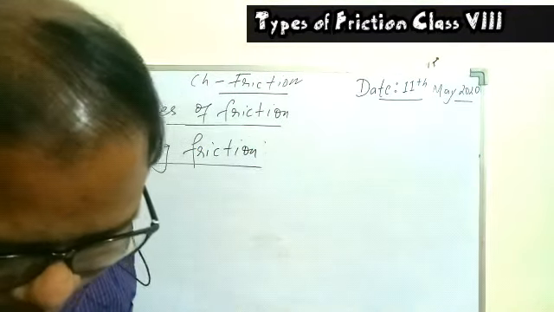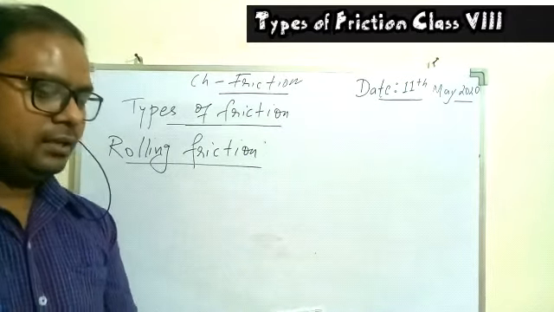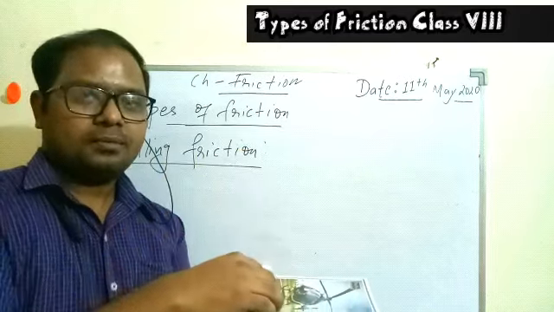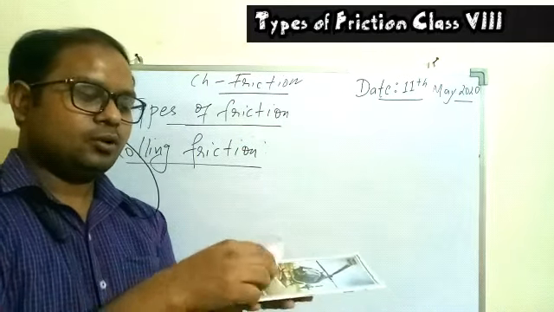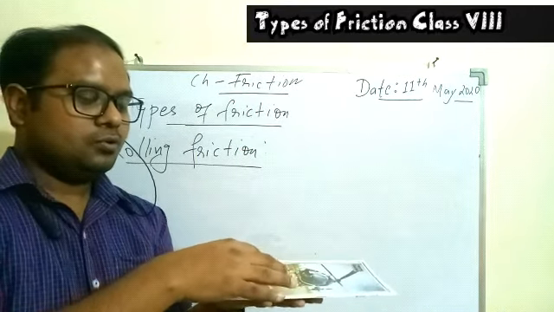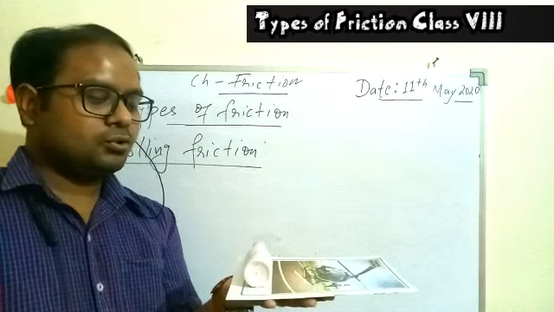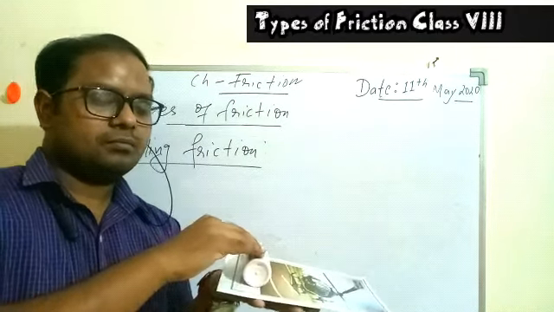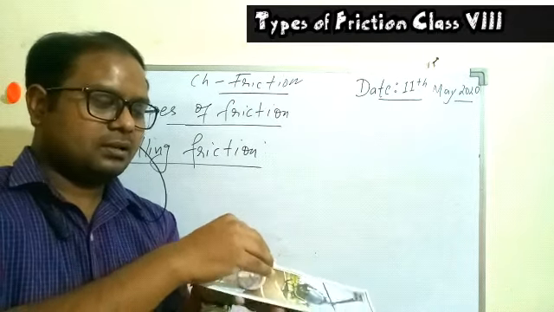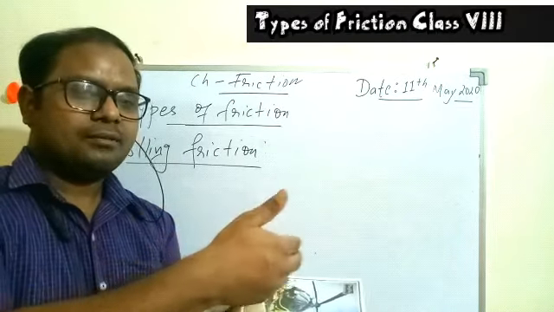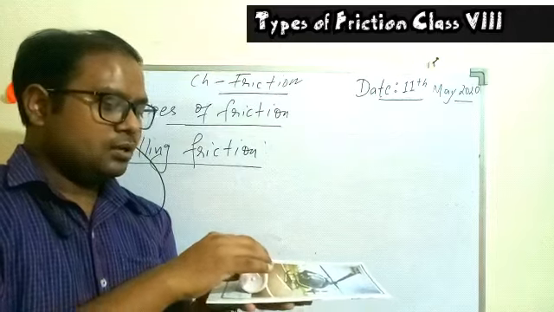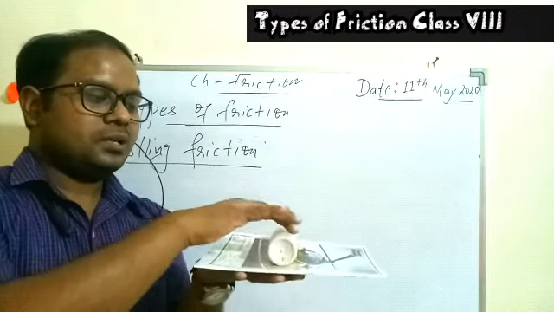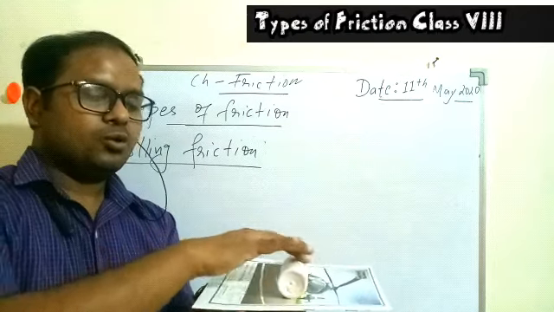So we understood that if the object has a circular shape, something like you can see a bottle, then if you don't apply the force, it may not move. But once you start applying the force, even if I make it inclined, means if I make it downward, then also the gravity will start acting and it can start moving. So when I am making it an inclined plane, the object will start moving, and when the object is moving in this condition, it is basically rolling.